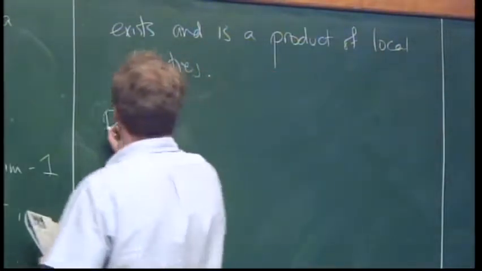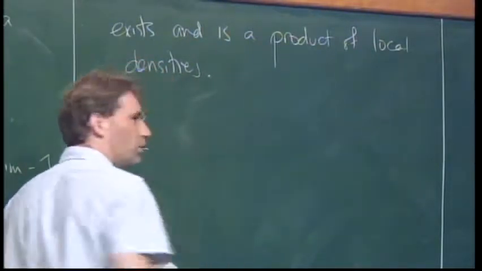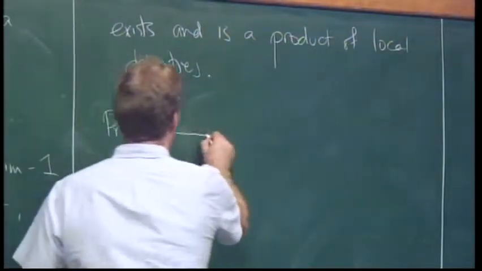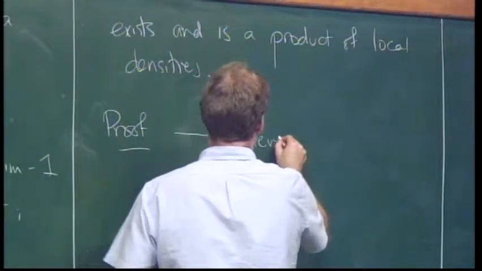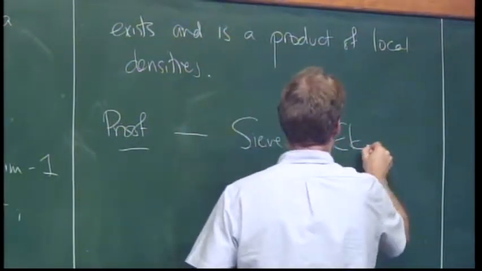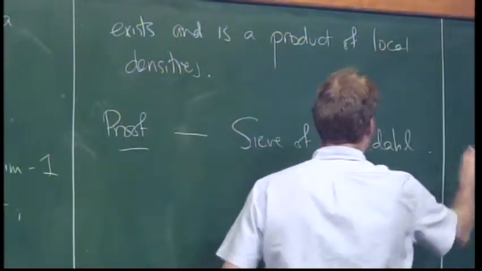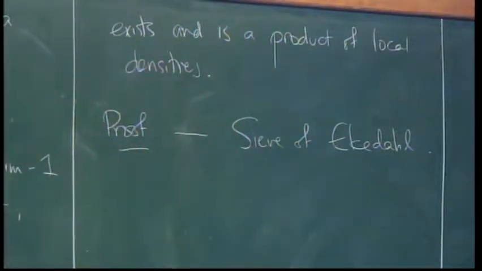Okay, so proof. All I'm going to say is that this depends on a mysterious thing called the sieve of Ekedahl, which has appeared, so slightly less general statements have appeared in various other places, and this has now been generalized to this.